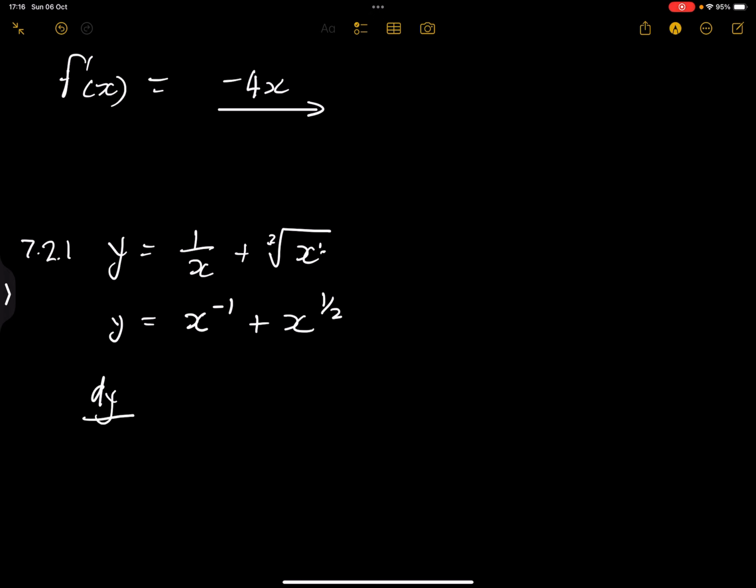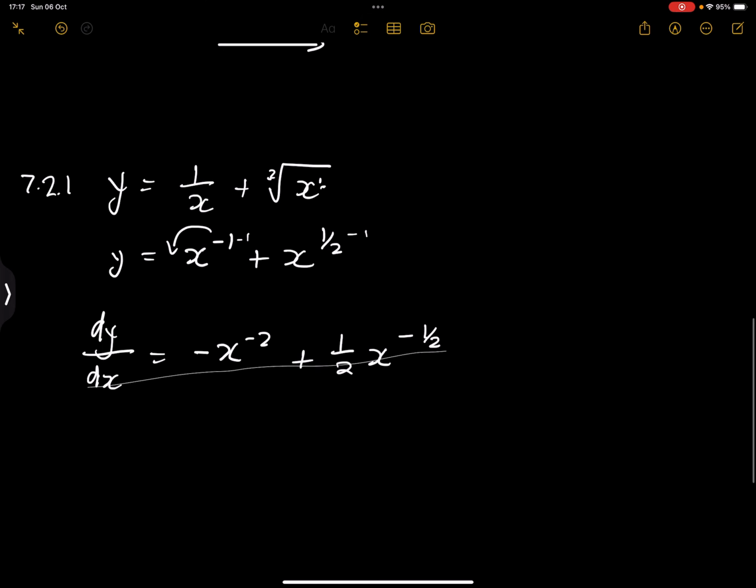So dy/dx would be equal to negative x, right? So remember, negative 1 times 1 would be negative 1. So remember the minus 1. So that's minus 2, plus, this is going to be a half x, right? If I say minus 1 there, that becomes x raised to the power minus 1 over 2.